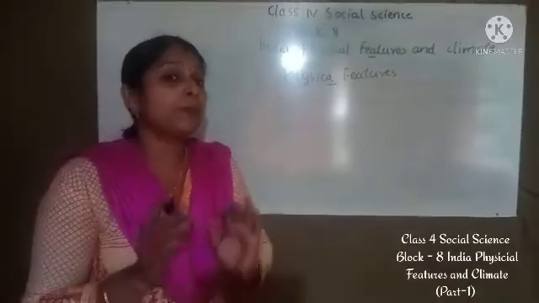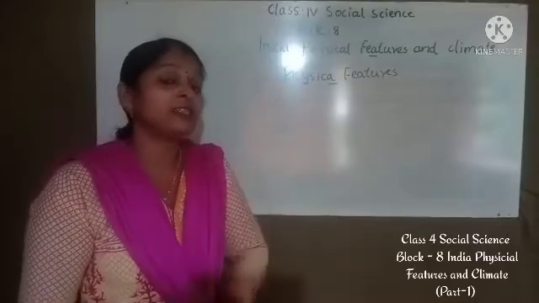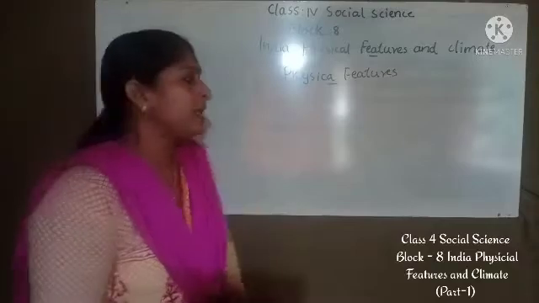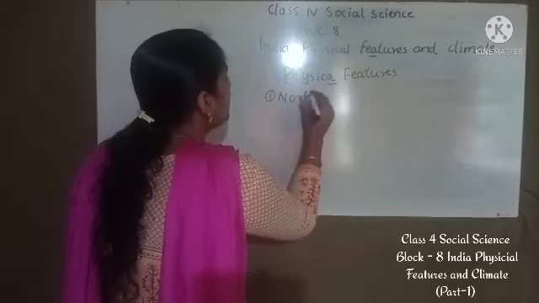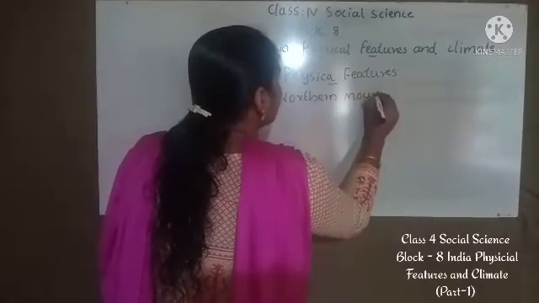Physical features are broadly classified into 6 groups. Which are the 6 groups? First one is the northern mountains.